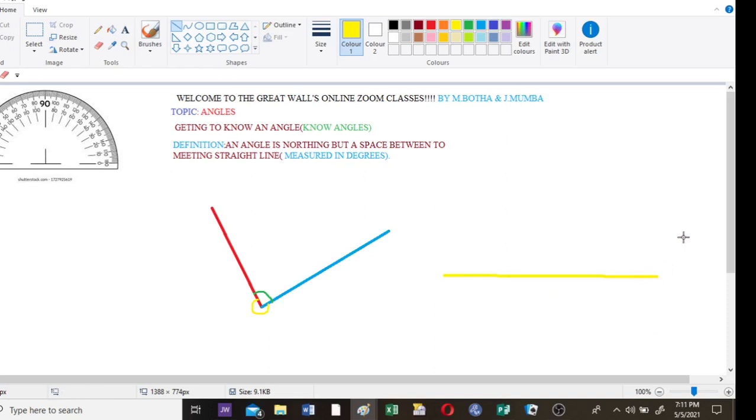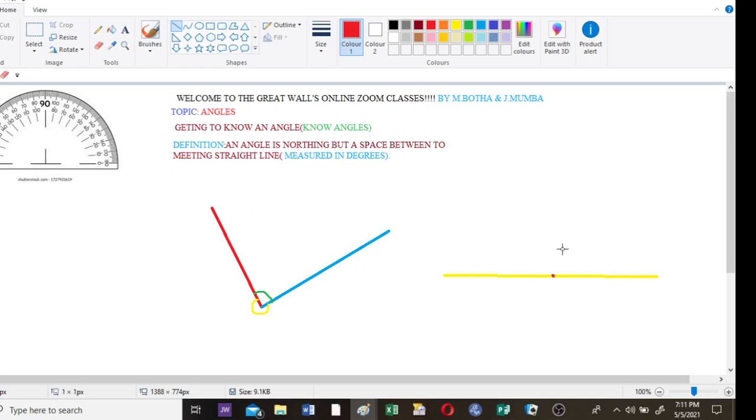Now with this straight line you want to measure an angle. One thing you need to understand first is that you need to choose the point of intersection. What we've drawn here is just a straight line. Now let's assume here we have two straight lines, and they are meeting at this point.